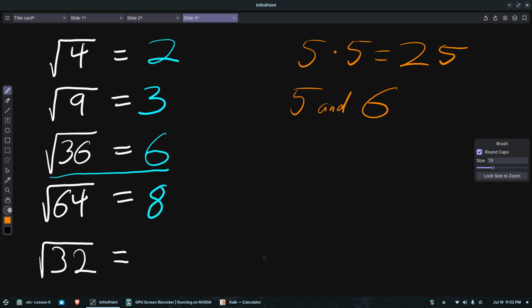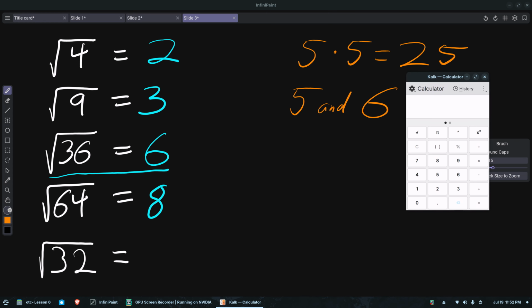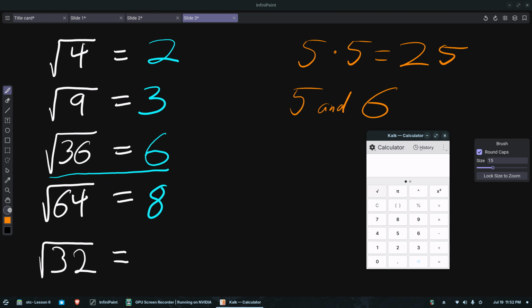So what can we do? Well, one way you might be able to solve this is by taking out the calculator. And the calculator actually has a little square root button. It's right here. So if I were to click it, it's going to open up the square root, and I can put in 32, and you can actually see we get something close to 5.66.